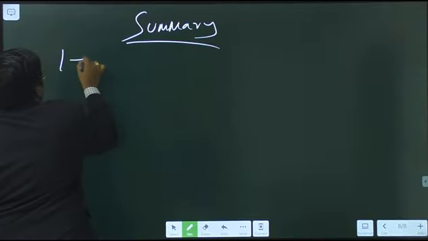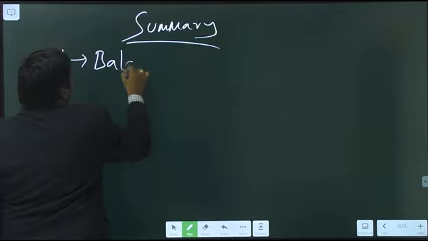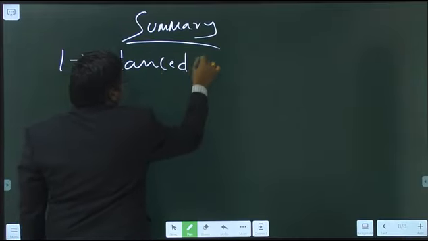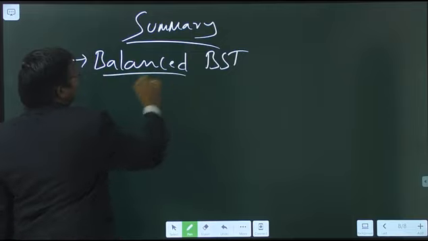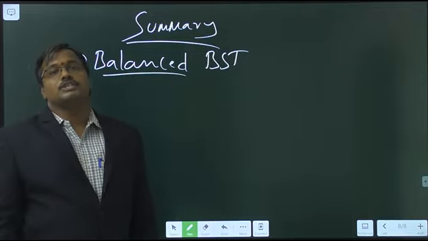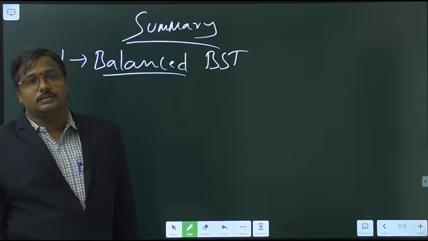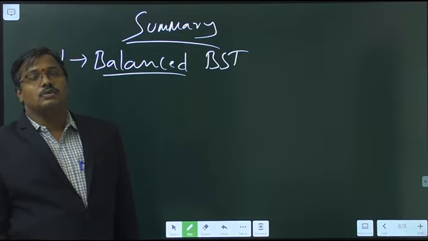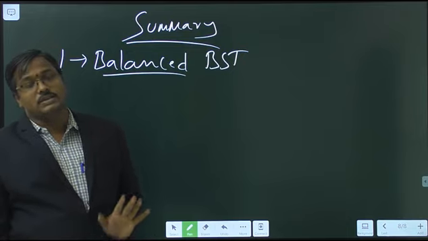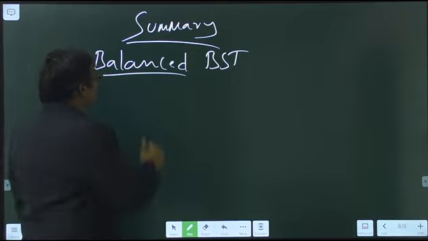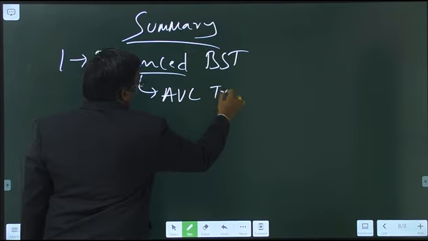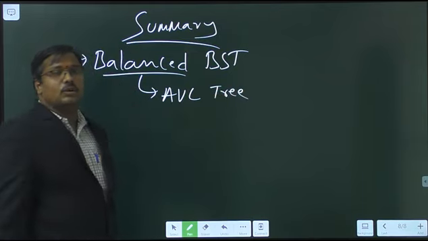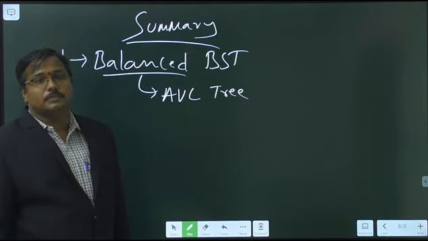In today's session, we have discussed balanced binary search trees. What does balanced mean? Balanced means we need to find the balance factor. The balance factor values allowed are only -1, 0, 1 in the case of an AVL tree. So here we have seen one kind of tree, the AVL tree, which is the only one in your syllabus.